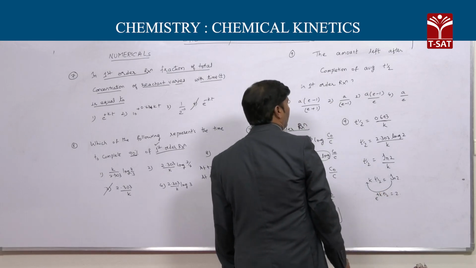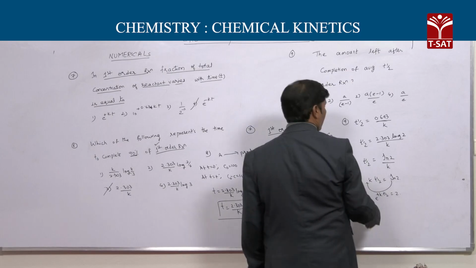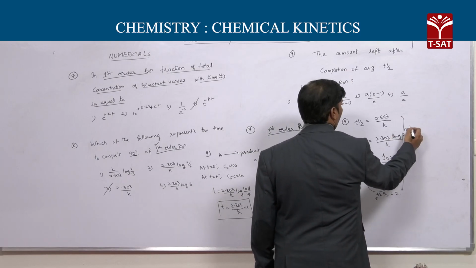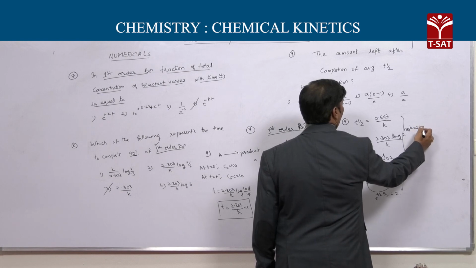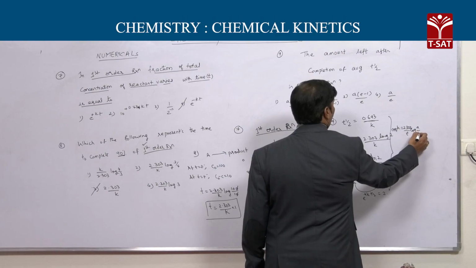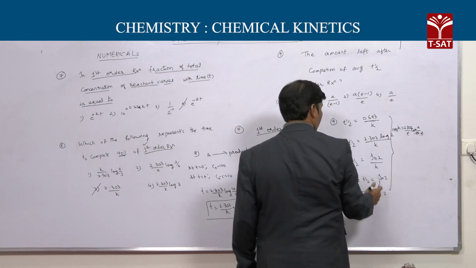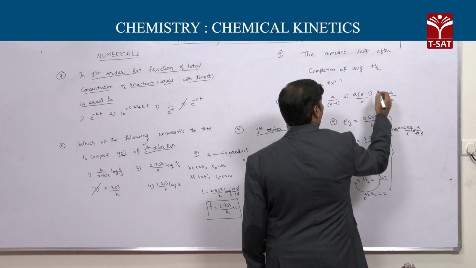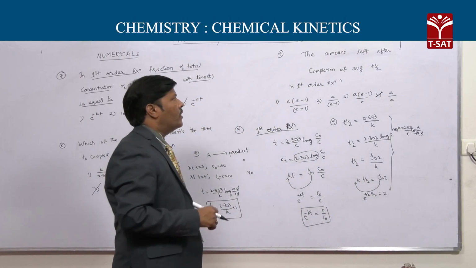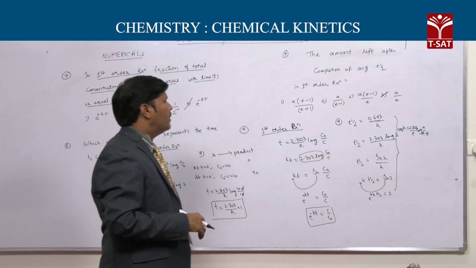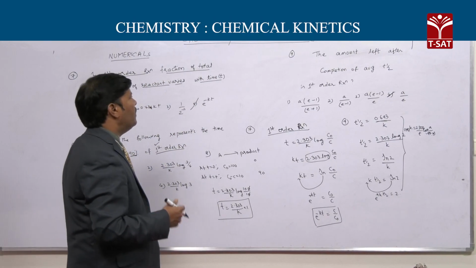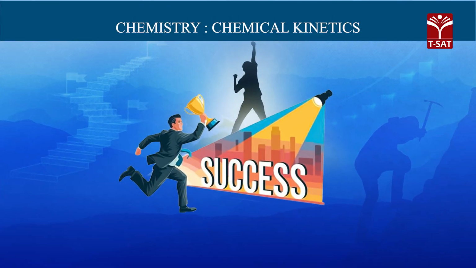Upon simplification of this expression, or you can solve this directly with the first order reaction equation, K is equal to 2.303 by T of log A by A minus X. Then upon solving, we are going to get A by E as the final answer for the ninth question. It's a simple simplification you can carry out, and you will get the fourth option as the answer in the ninth numerical.